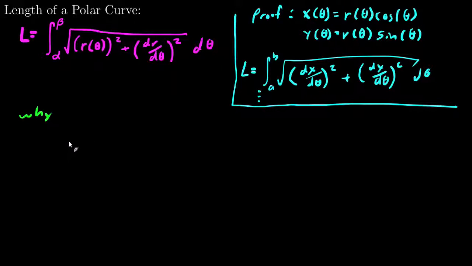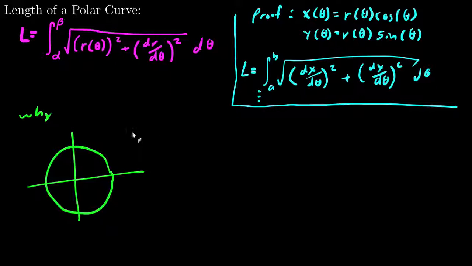Recall that if we have a circle, that means dr d theta equals 0, and I look at a small arc, with that angle being theta. The arc length will equal theta over 2 pi multiplied by the whole circumference, because we have theta out of the whole 2 pi.